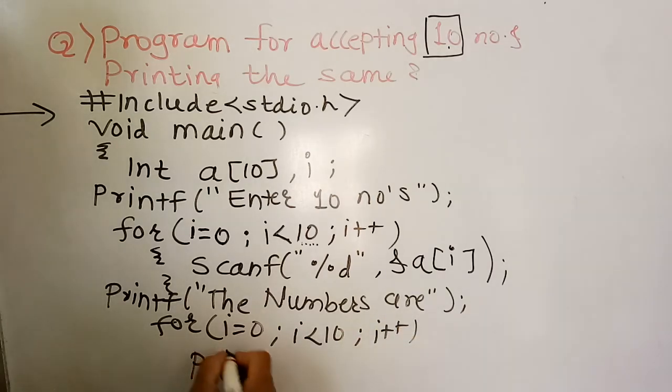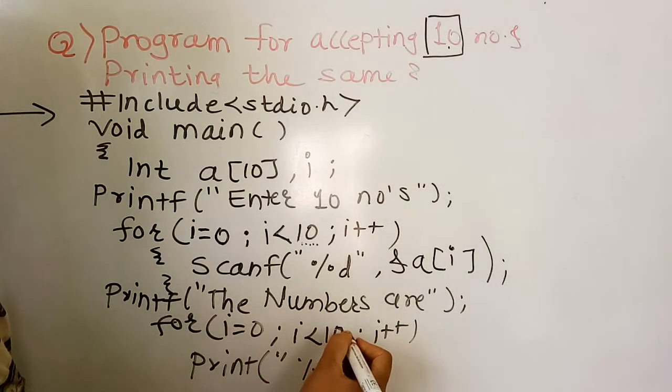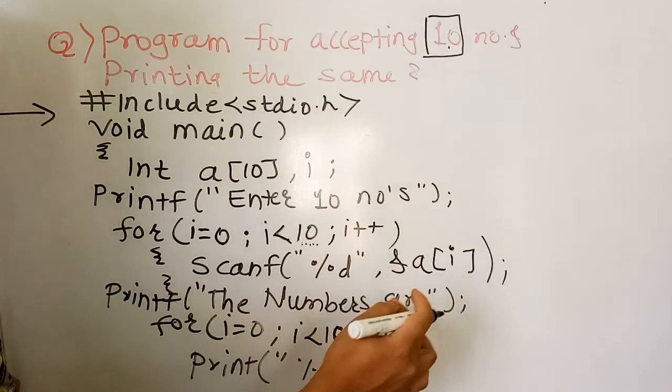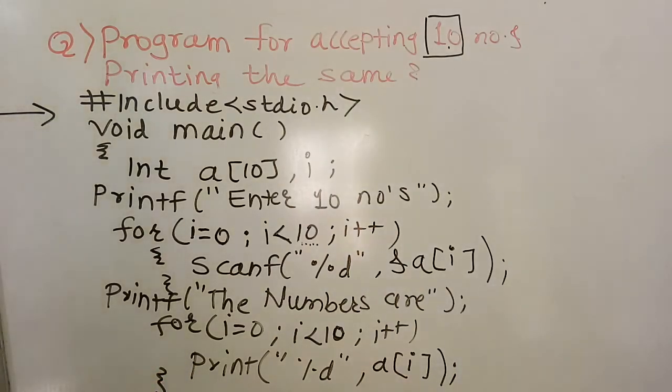Then simply write the printf statement in it: printf %d. Now how do we print the numbers? You know that in printf we do not use the ampersand, but the variable is the same. So we write a of i, semicolon, and we complete the main section.